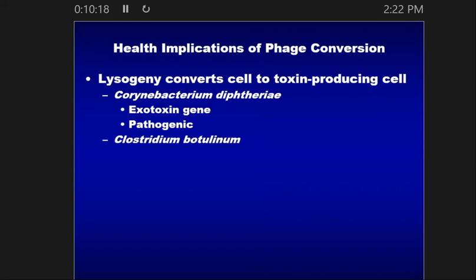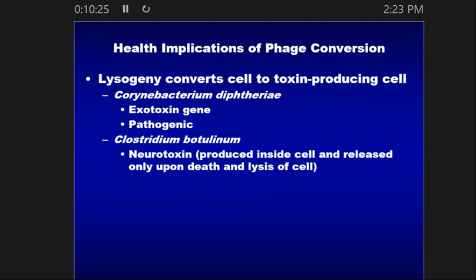There's another example too, Clostridium botulinum, which is really, really seriously deadly. The gene will code for a neurotoxin. And if that viral gene isn't there, then technically you could drink a whole test tube of this Clostridium as long as that prophage isn't there, and you'd be fine.